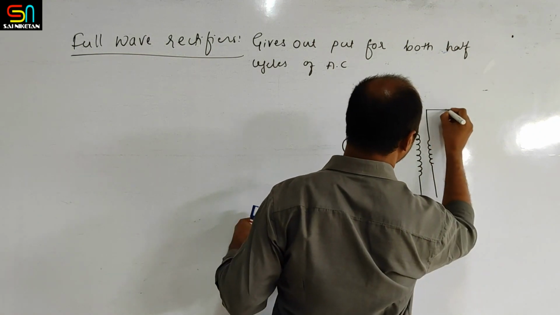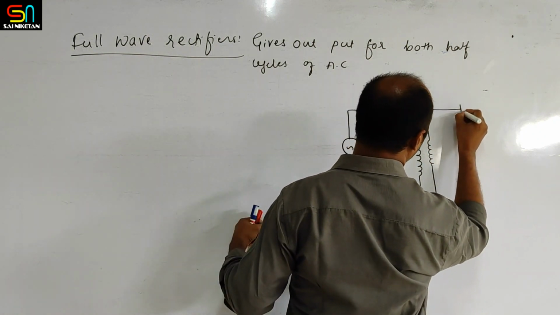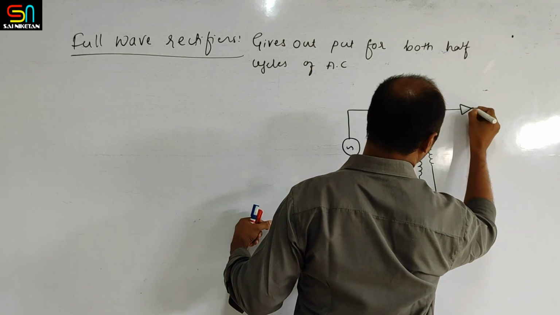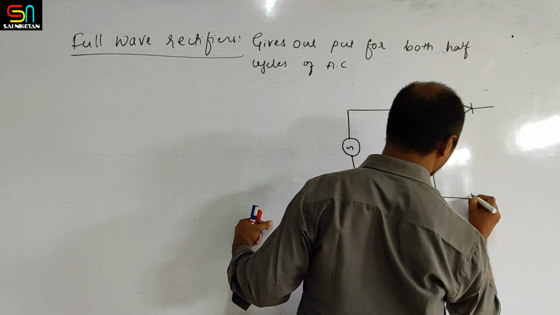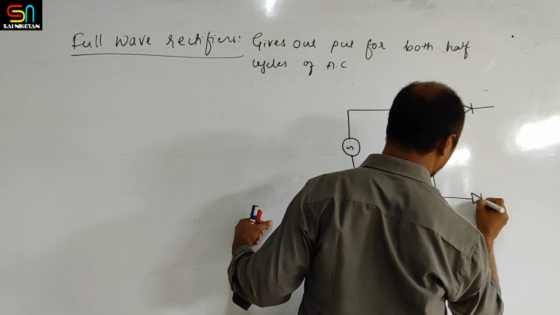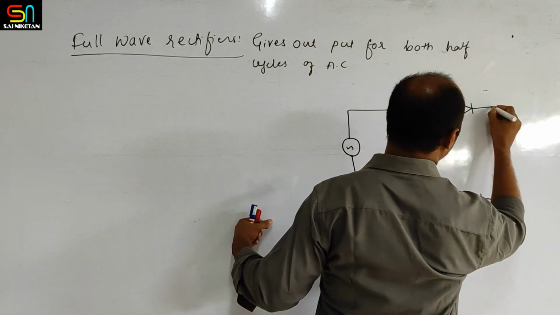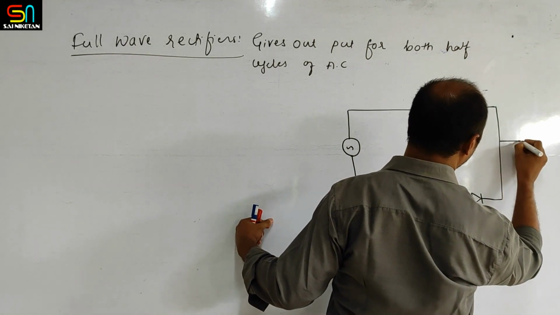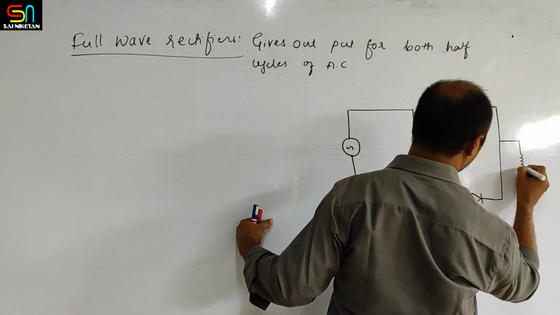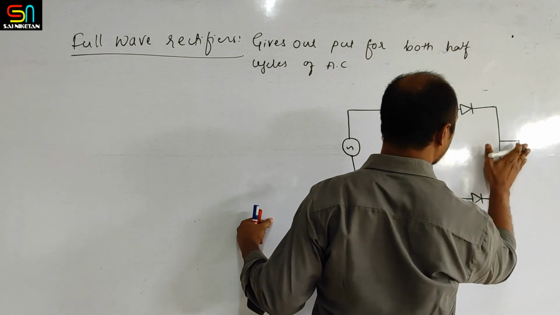The secondary coil of the transformer is connected to two diodes which are connected in parallel, and the load is connected across.